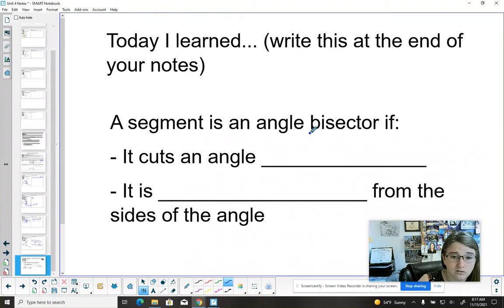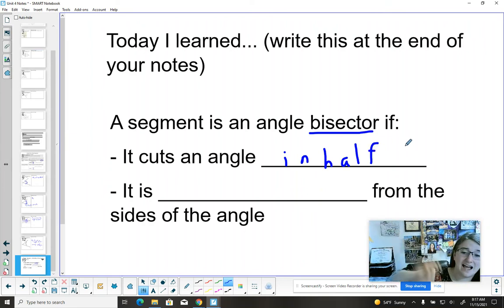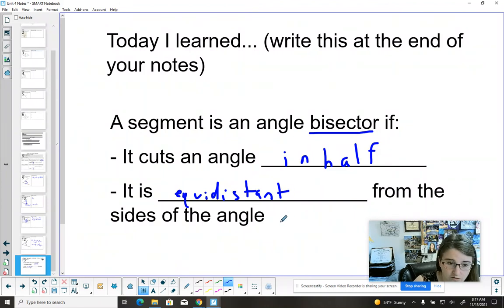It cuts an angle, what's the definition of bisect? In half, right? If I cut something in half, by definition, that is an angle bisector. But because of that, it's guaranteed that this will also be true. If it does cut an angle in half, it is equidistant from the sides of the angle.